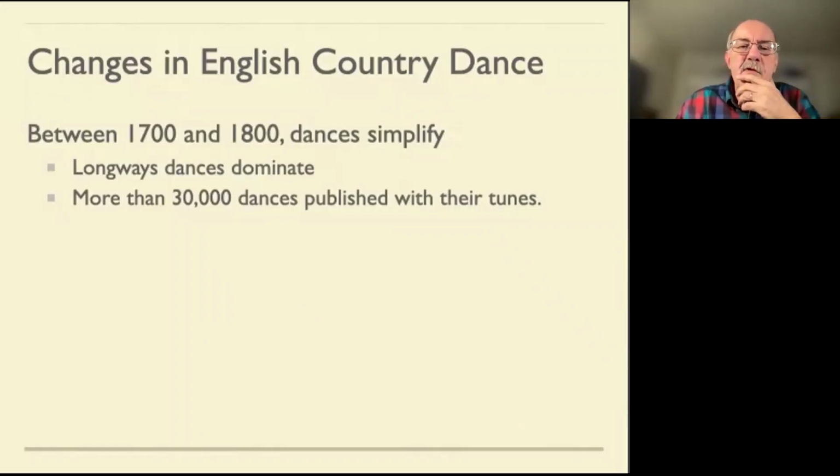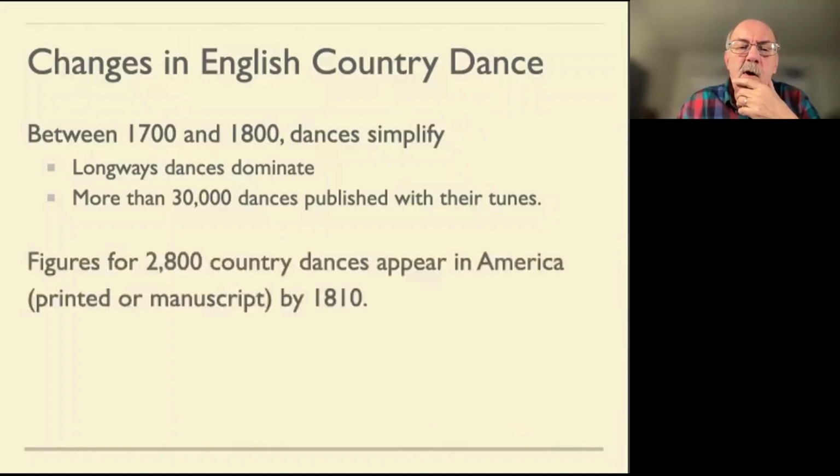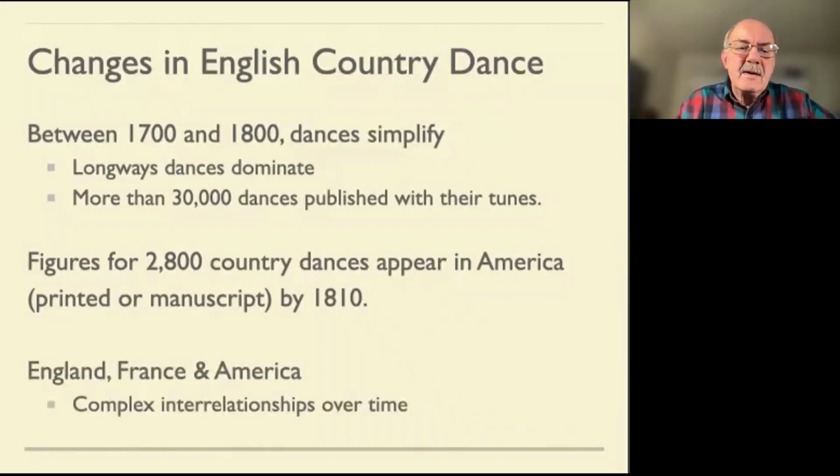We have more than 30,000 dances published with their tunes. Now again, these are not unique figures, but 30,000 tunes with figures associated with them. And English dance is starting to reach wider audiences. Here in America, close to 3,000 country dances appear, either printed or in manuscripts by 1810.